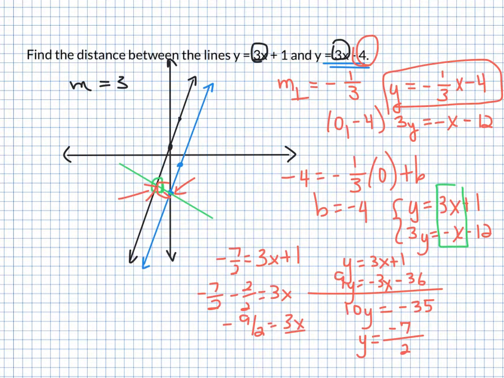I'm going to divide by 3 on both sides, which is the same as multiplying by the reciprocal. So x is -3 halves. So that point of intersection that we talked about, which is this point right here, is -3 halves, comma, -7 halves. So I'm going to write that here.